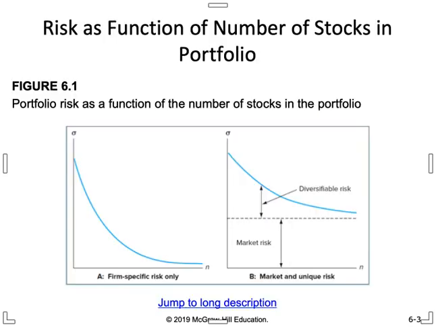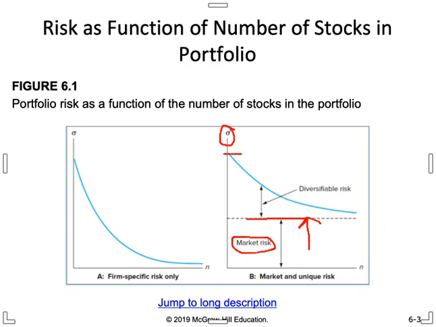This chart does a good job of displaying that concept: market risk down here goes to this level. We're going to have at least this amount of risk. And if we were to only invest in one company, our standard deviation on the Y axis here would be very high.